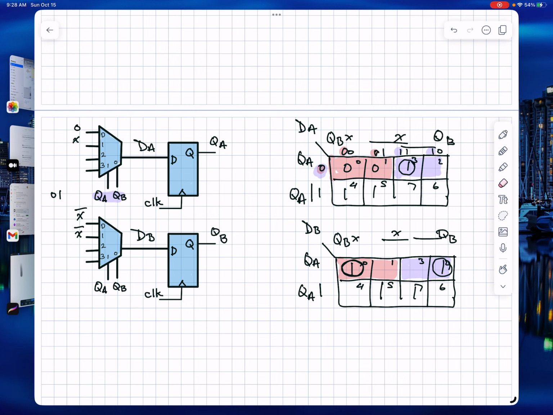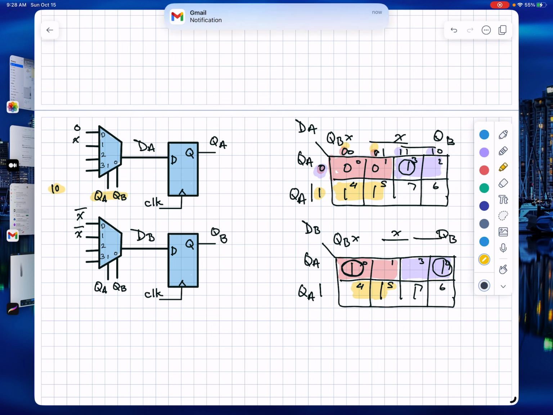Let's continue on. Now let's look at 1, 0, and we'll change colors. So 1, 0, here's 1, and then where QB is a 0 are these two squares. This region on the Karnaugh map corresponds to 1, 0. The same is true for both Karnaugh maps. Now it's just a matter of circling.